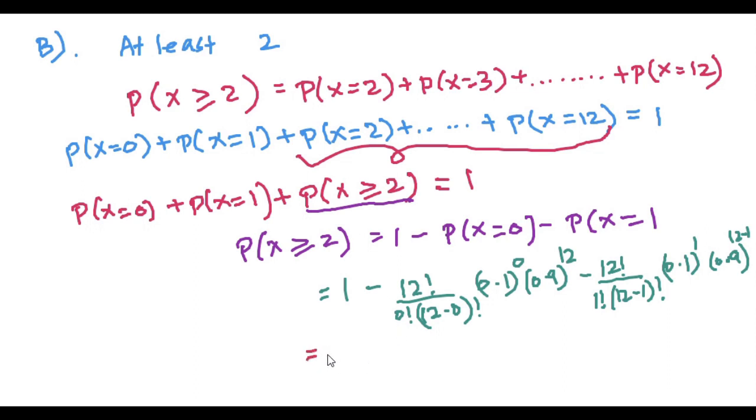Simplifying this part, we get 1 minus 0.2824 minus 0.3766.